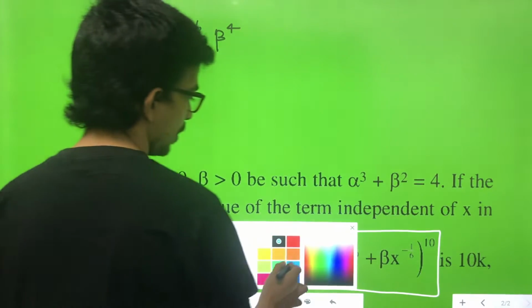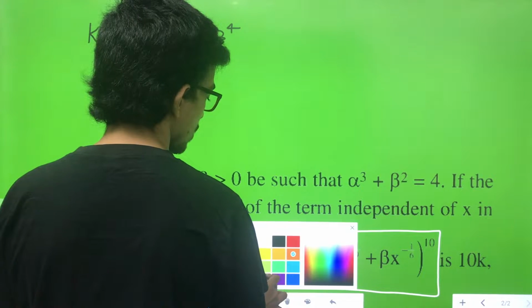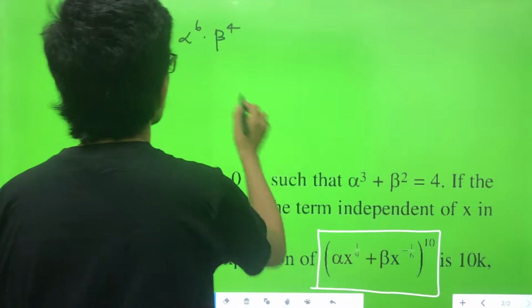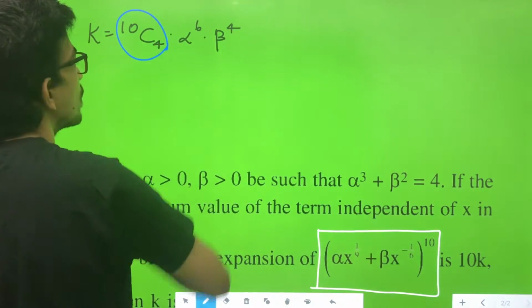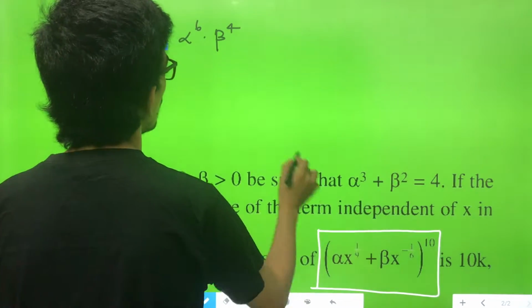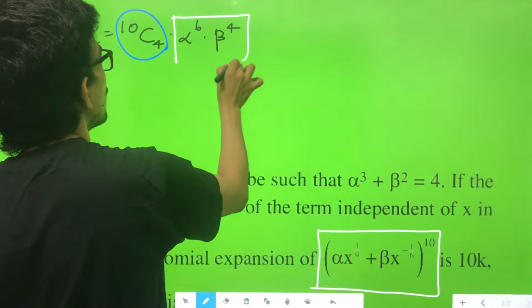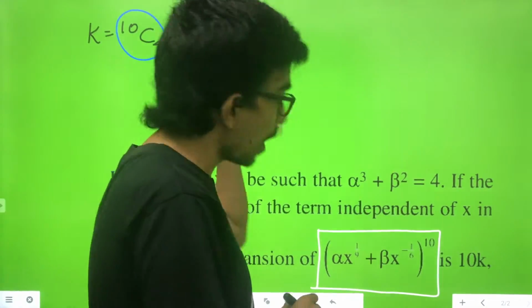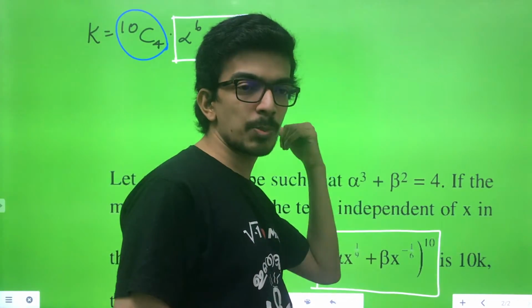Of course, this is a constant, so you don't have to worry about that. You just need to look at this expression, alpha power 6 into beta power 4. Okay. So I'll give you several approaches to tackle this part.